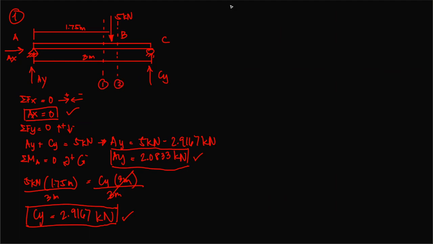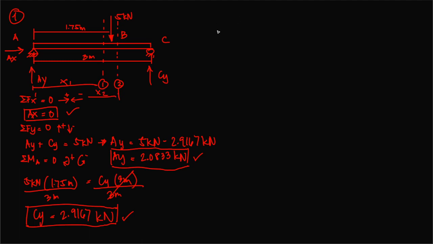This simply represents the distance from here to here to cut A. So this will be x, and the second will be x as well. So we will be assigning this as x1 and this will be x2.